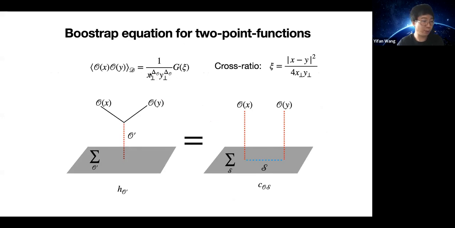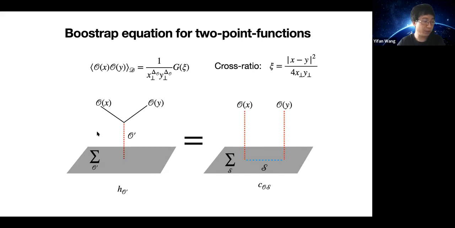The structure of these two-point functions is almost fixed just by the residual conformal symmetry up to this function g of C. C is the cross ratio which is present thanks to the kinematics, similar to the cross ratio that you have in four-point functions of local operators in the absence of any defects. It's some combination of the positions of these local operator insertions that is invariant under the residual conformal symmetry.